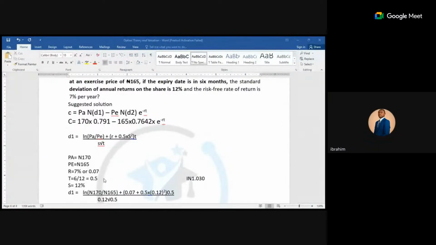Now, our next class, we will be looking at a past question under the payoff table. That is our focus, where you need to calculate the intrinsic value and the time value of an option. When the option premium is given, we make use of it.